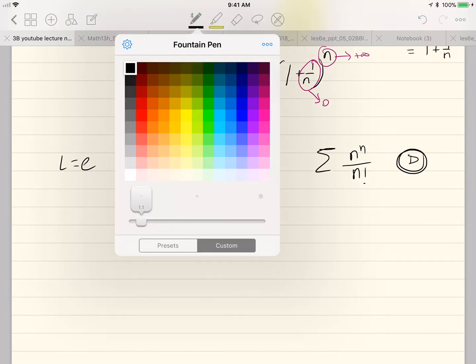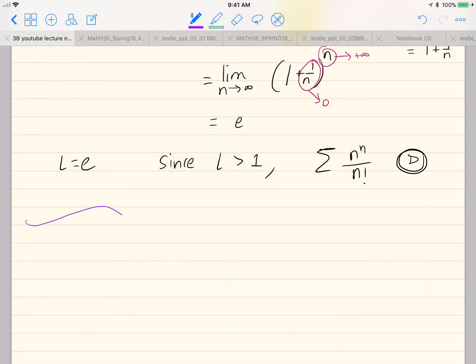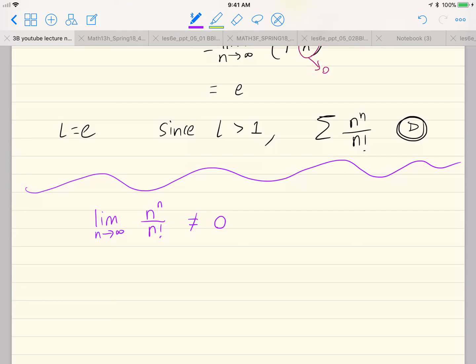And in fact, this is in line with what we would expect, because if we look at the nth term divergence test, the limit as n goes to infinity of n to the n over n factorial is not going to be equal to 0. Why not? Because n to the n over n factorial means n times n times n, you've got n n's, and in the bottom you've got 1 times 2 times 3, all the way up to n.